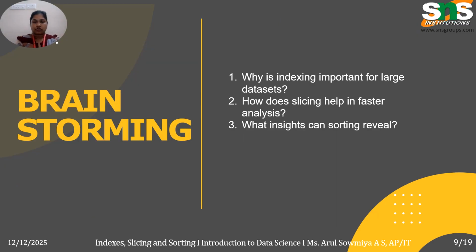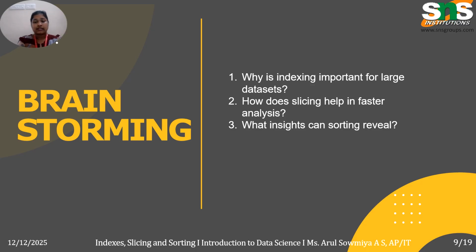So this is the brainstorming question. Why is indexing important for large data sets? Indexing is very important for a large data set because the data set can be in a shuffled manner. With indexing, we can get data in a pre-qualified manner. How does slicing help in faster analysis?